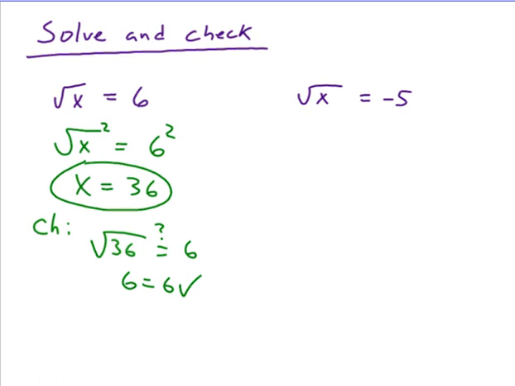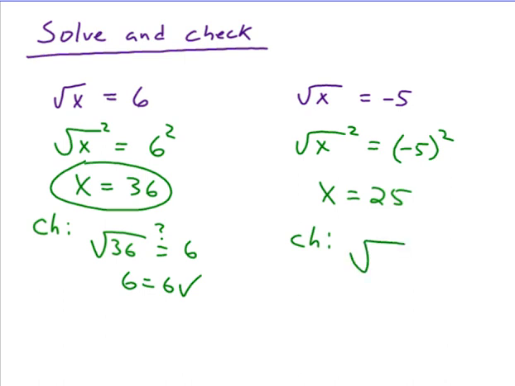Yes, it is. Now, look what happens when I use that same procedure on an equation like this. The square root of x equals -5. Now, I'm going to square both sides, and I get that x equals 25. But look what happens when I try to check this one. Is the primary square root of 25 equal to -5?